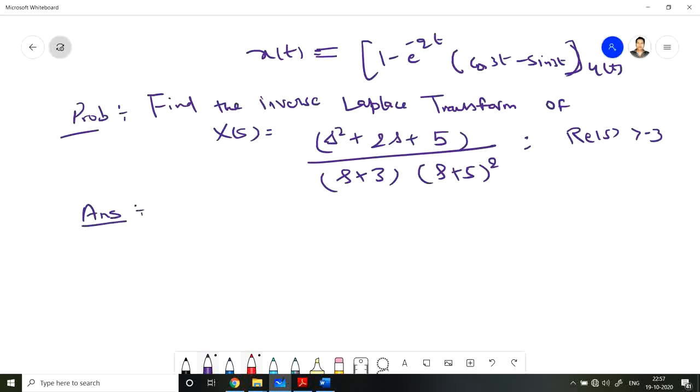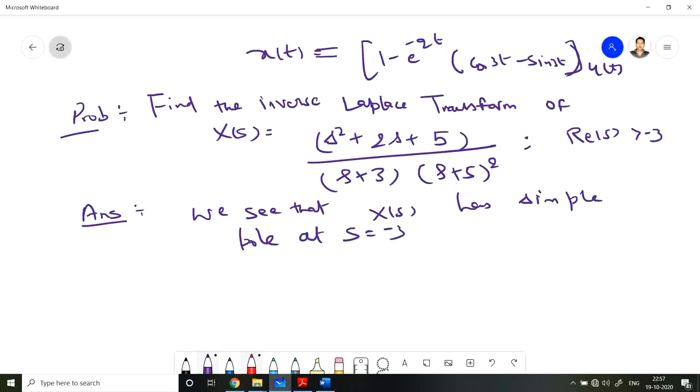So the solution of this problem is, we can see that X(s) has a simple pole at s equals minus 3, and it has a multiple pole at s equals minus 5.